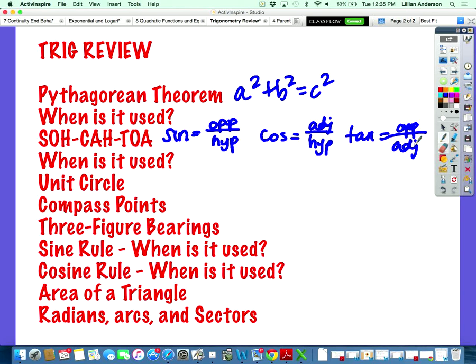Compass points. You guys remember compass points? What are your directions for compass? North, south, east, and west.